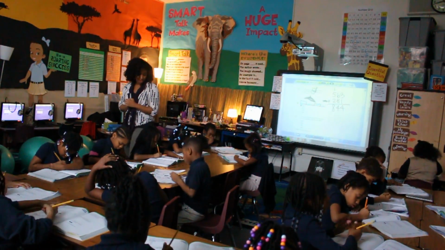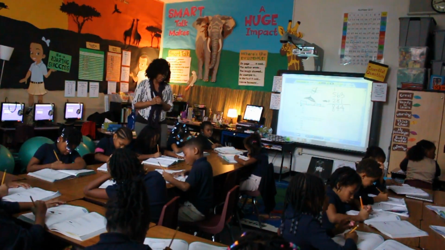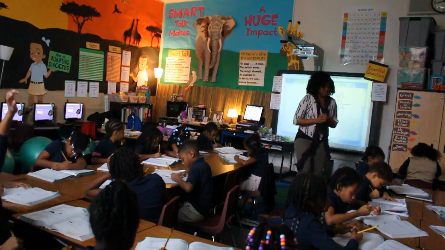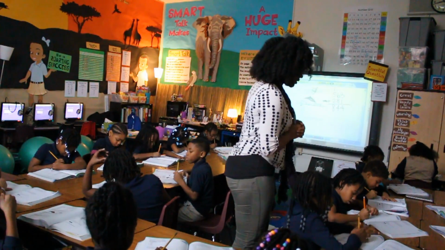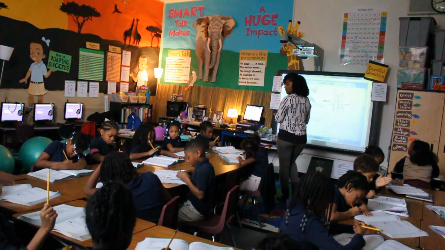Jalen has evaluated. I love that Bobby has labeled his numbers on whether they're parts or wholes in the question. Tatiana is now in the solving phase. She's solving her problem.